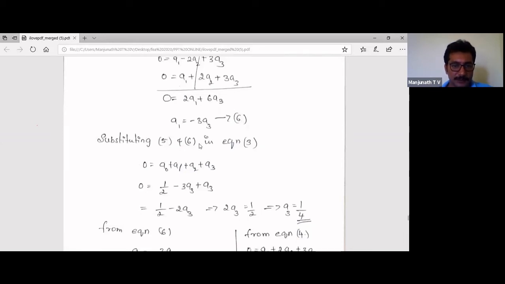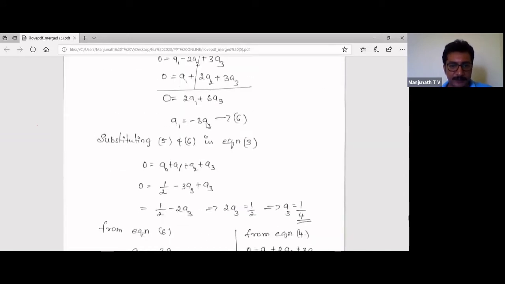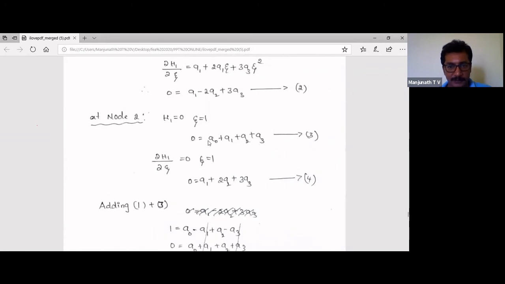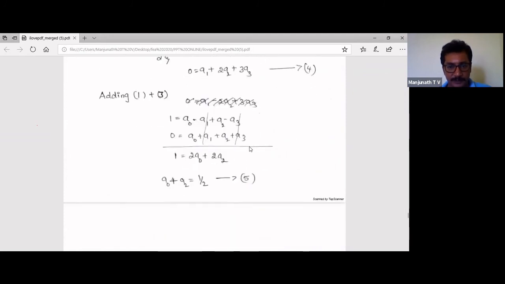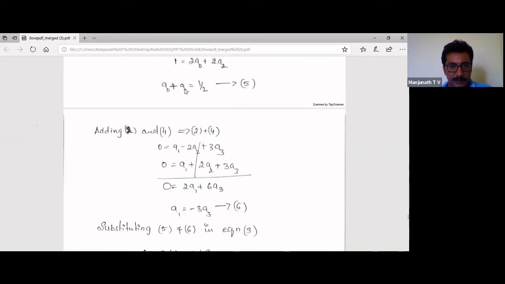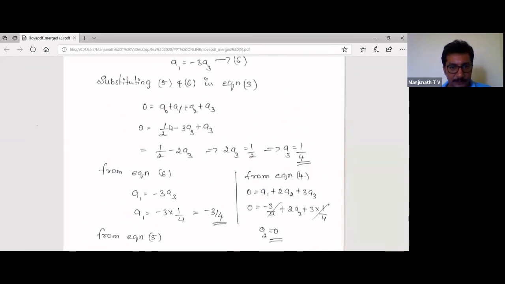So then we substitute equations number 5 and 6. From equations 5 and 6 you have got a0 plus a2 is equal to 1 by 2, and a1 is equal to minus 3a3. If you substitute these in equation number 3, which is 0 is equal to a0 plus a1 plus a2 plus a3, then a0 plus a2 is 1 by 2, a1 is minus 3a3, and this a3 remains as it is.